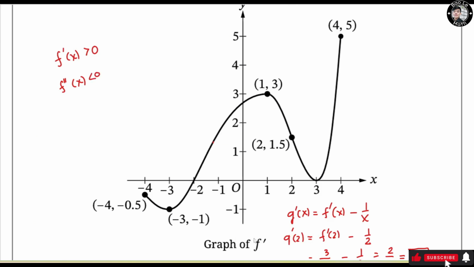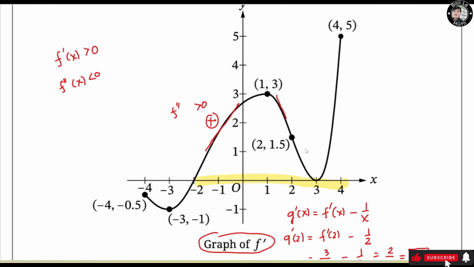Now you need to be careful. This is the graph of f prime. So f prime of x is greater than 0 when it's above the axis, so that should be from here to here. Now f double prime of x less than 0: f double prime is the slope of the tangent line of the function f prime. So we just draw the tangent line right here, and we see that this one has a positive slope, so f double prime is greater than 0.